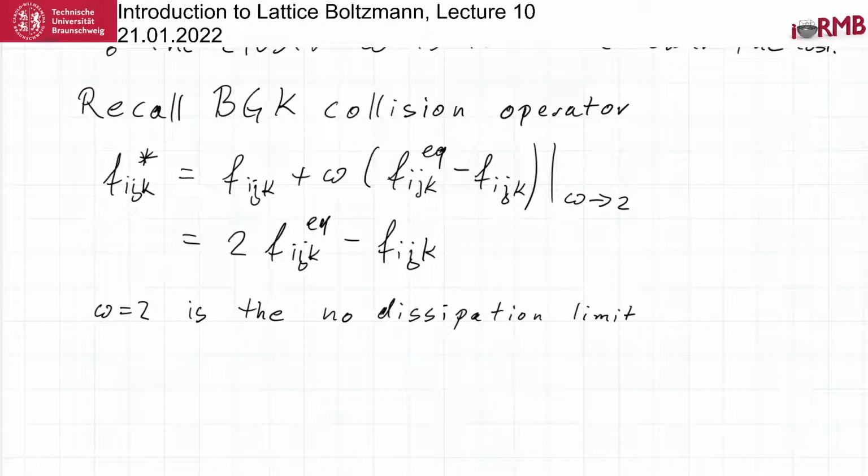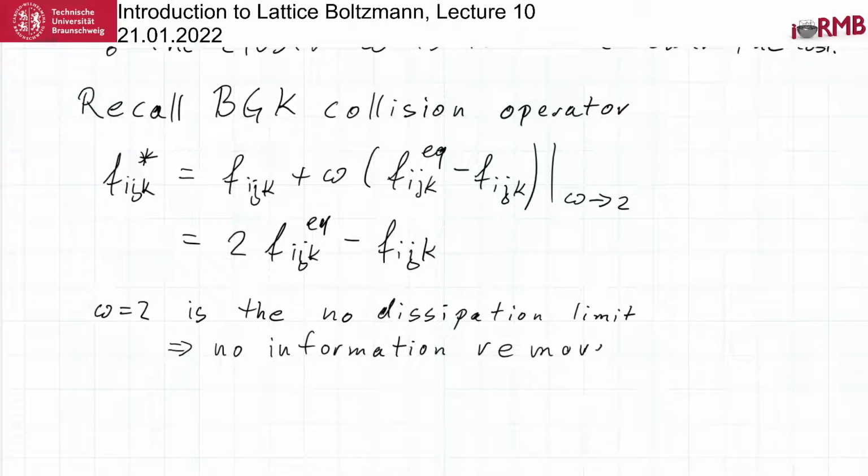And if omega is equal to 2, there is no information lost. So you have no dissipation. No information is removed from the system.